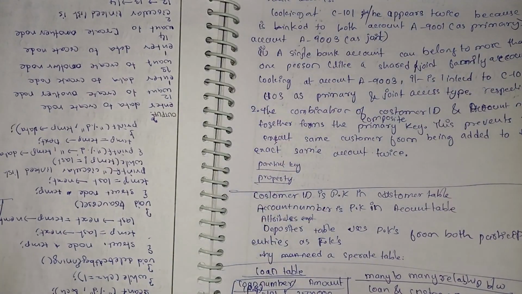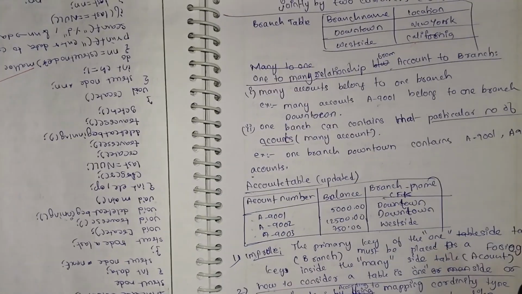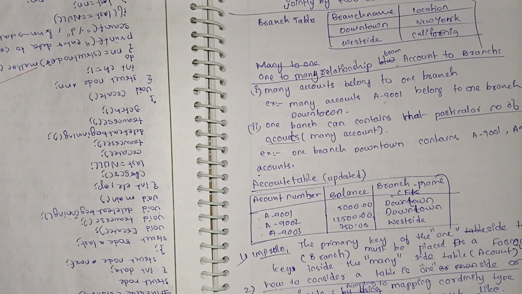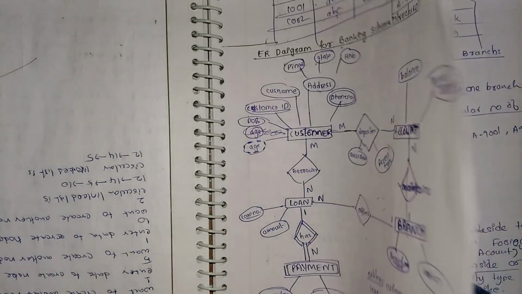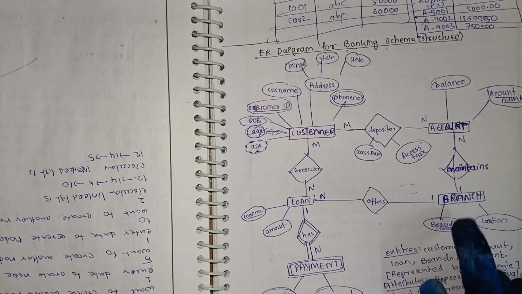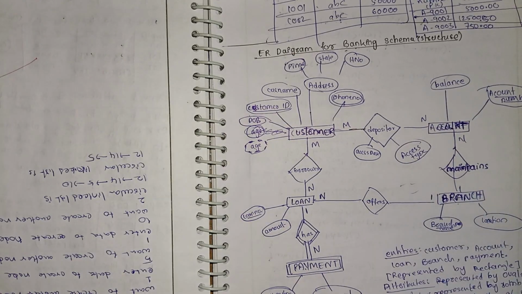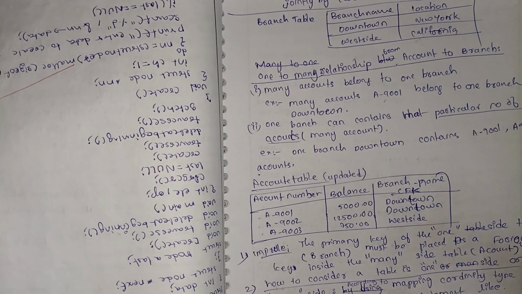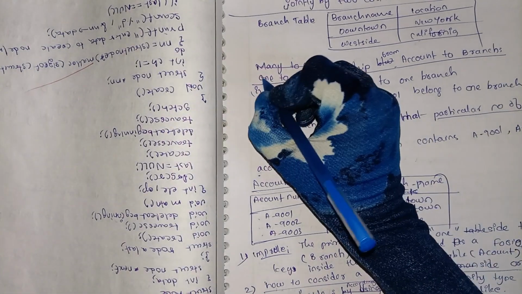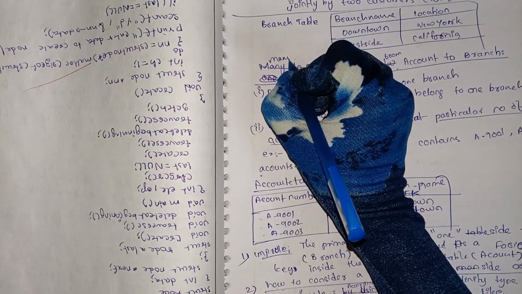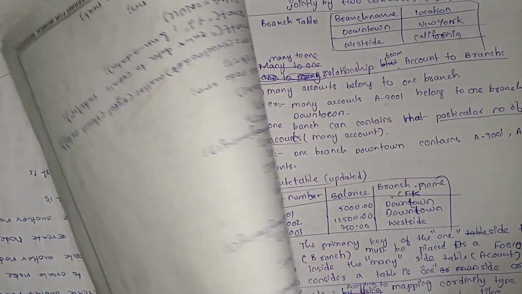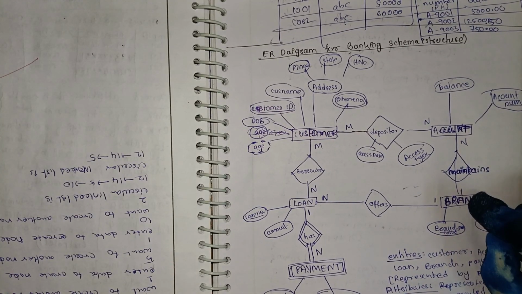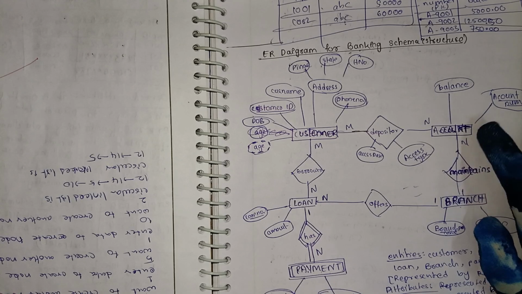And then we have a one to many relationship from account to branch. Here we have a many to one relationship, because at the top we have the n symbol and at the bottom we have the one symbol, so that means many to one.